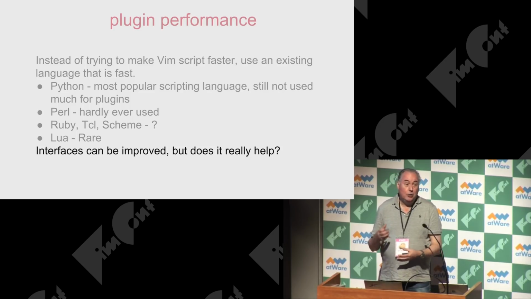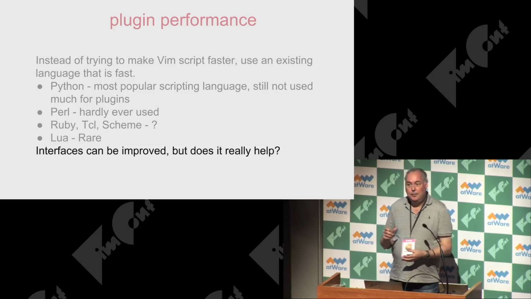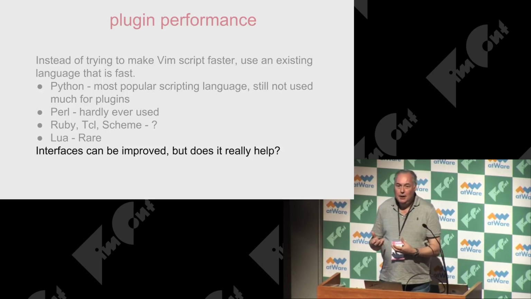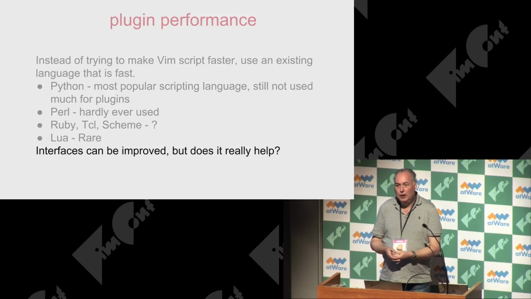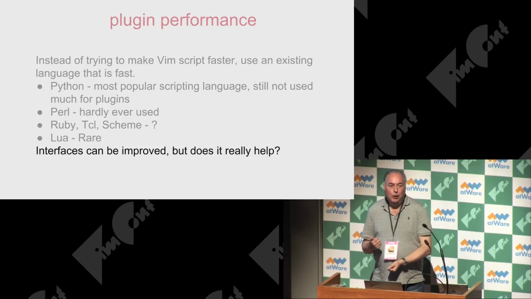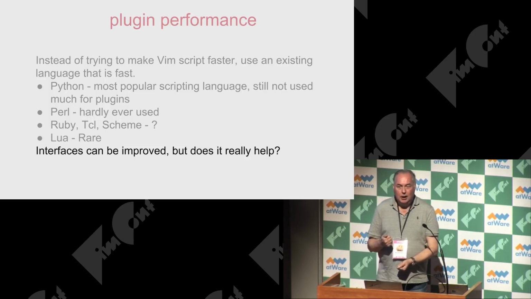And you might argue that the API that's available is not very good, so it could be improved, and yeah, that's true. You could make the Python interface better, but it has already been worked on quite a bit. Nikolai Pavlov has improved this quite a bit, and even he himself, I don't think he's using it now.